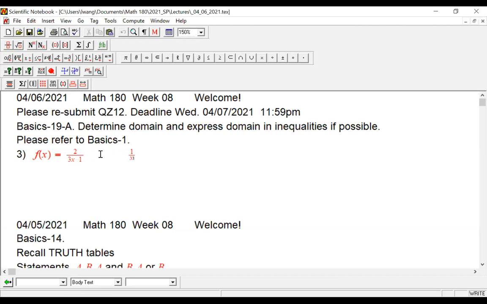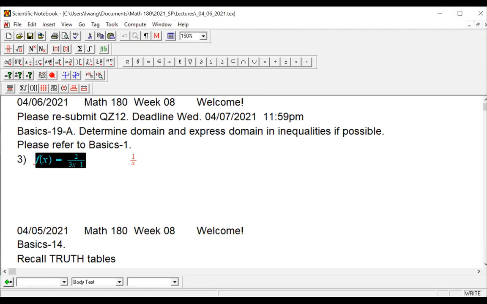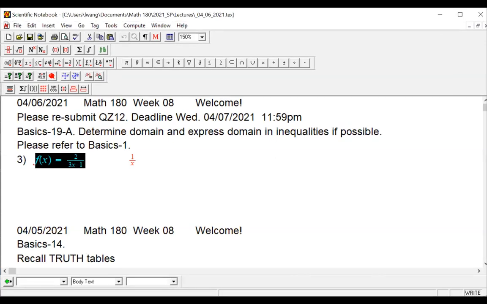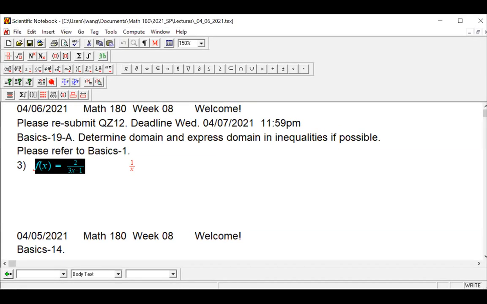I wish to make a point here: when we see a function like that, you can determine the domain with or without that reference. But I want to bring that reference into the picture because all the domain determination will have something to do with the original basic function, right?